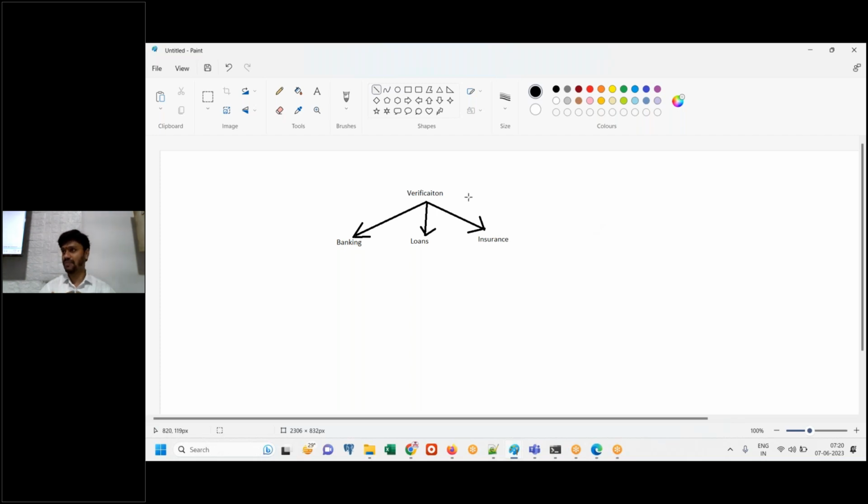Verification is supplying its features to everyone else to utilize. The verification department has the functional features of providing the verification process. Who will provide the verification process? The verification department. Who wants to utilize it? Banking wants to utilize, loans wants to utilize, insurance department also wants to utilize.